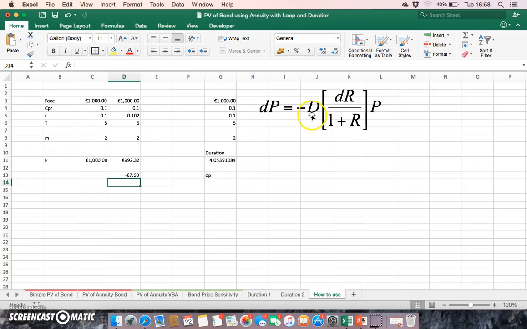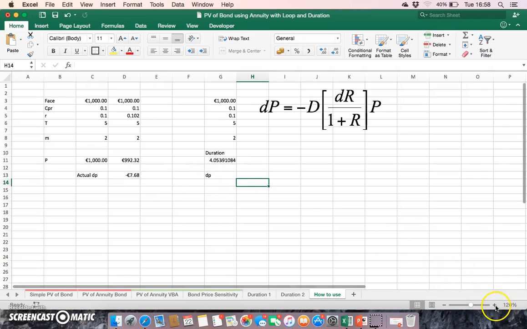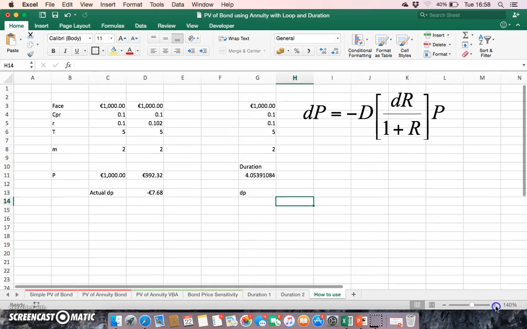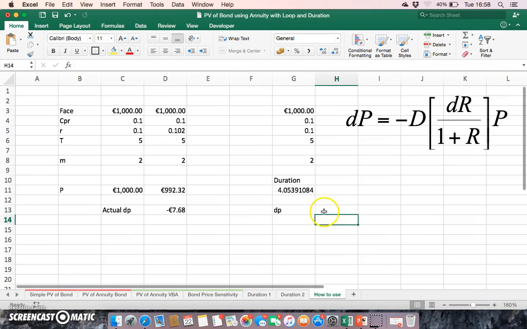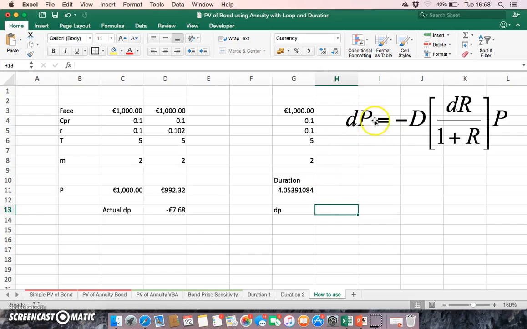Okay, now using this formula here, we could have anticipated, so that's the actual delta P, and from duration delta P would be equal to negative times, let's just make this a little bit bigger. I'm going to try to replicate this result here.